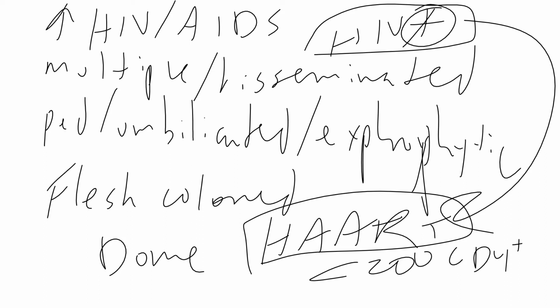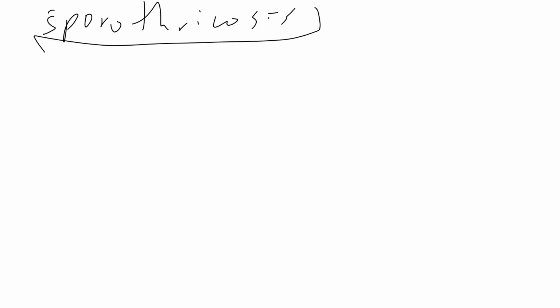And I guess the last one we talked about was Sporothrix schenckii. This is a dimorphic fungus. So we're going to be talking about a fungus, and why this is here is because it can cause lesions on the skin. These lesions can look like lesions that maybe are presenting in an HIV patient, but the key here is the history.